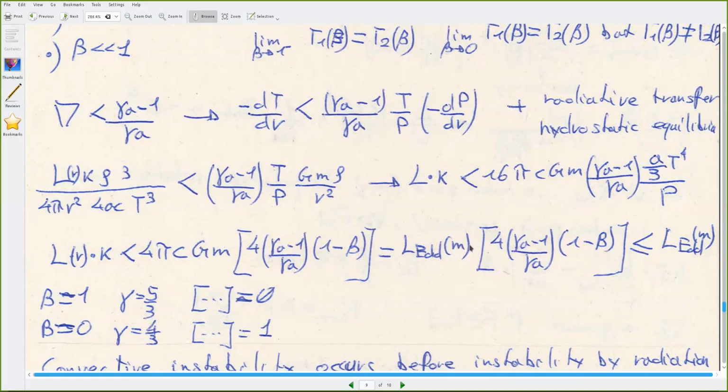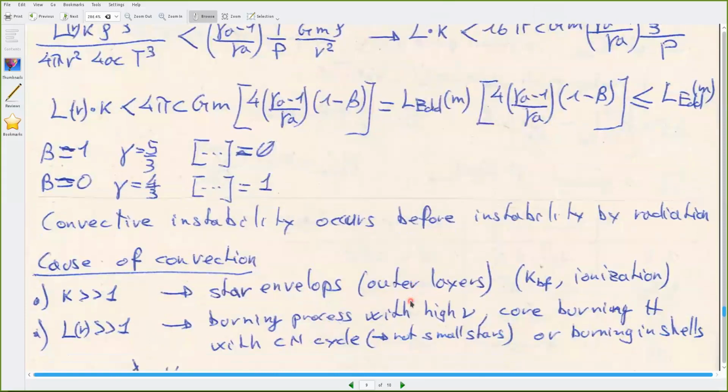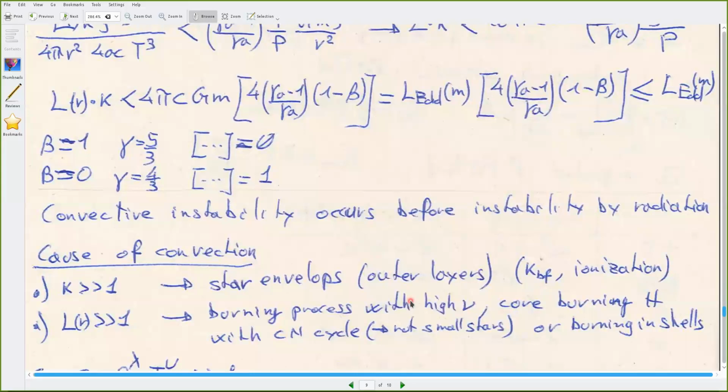I forgot that the pointer is disappearing, and I don't understand why. That means, as I said, the convective instability occurs before instability by radiation.